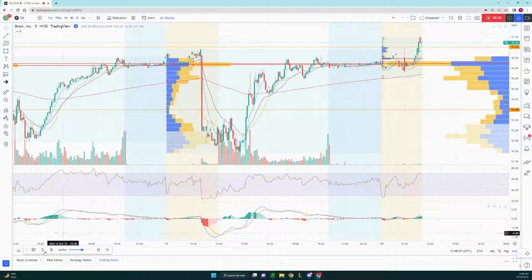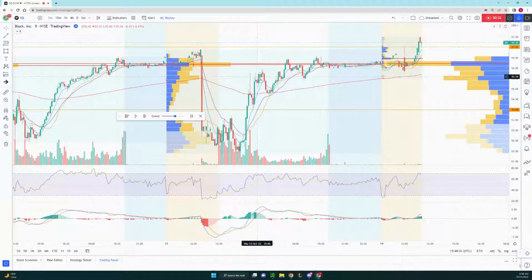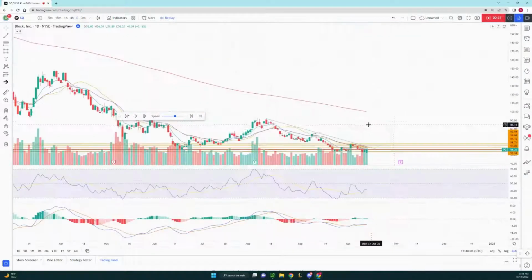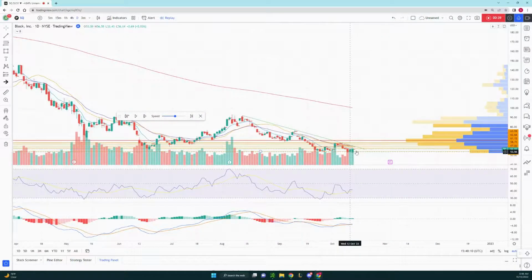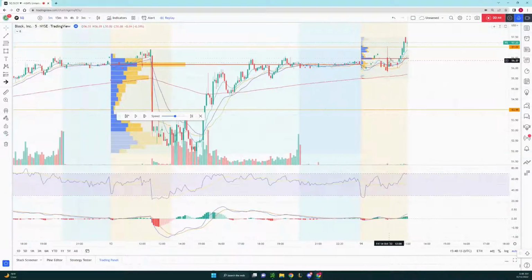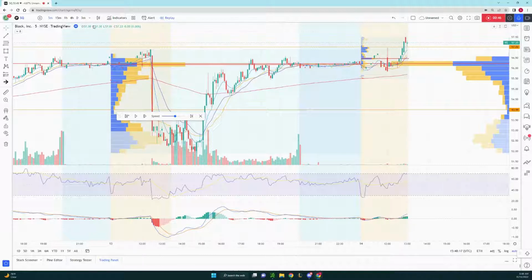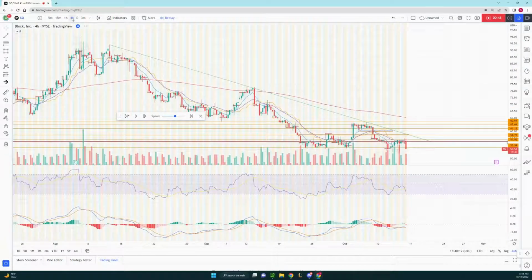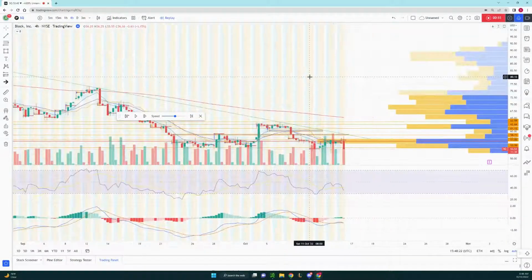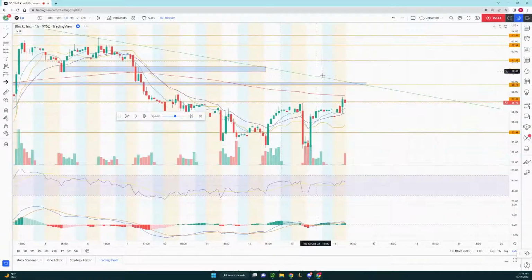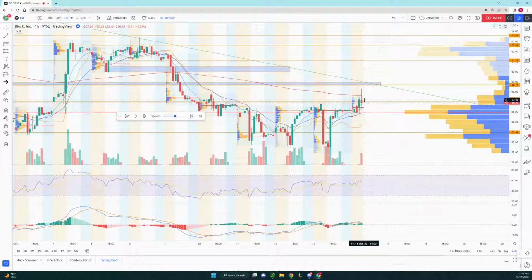Replay button. Actually, before we get into that, just looking at the chart here on the daily, we had two nice solid green days, and pre-market we were gapping up along with the S&P. But if you look at the 4-hour chart and the 1-hour chart, we were pushing up pre-market, but we got rejected by the red line here, which is my 200 EMA on the hourly chart.